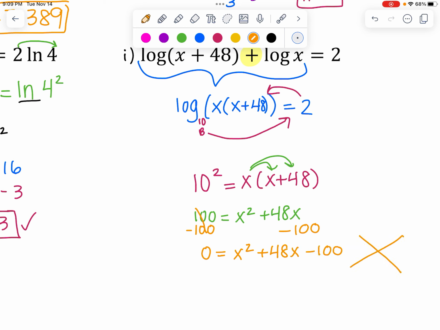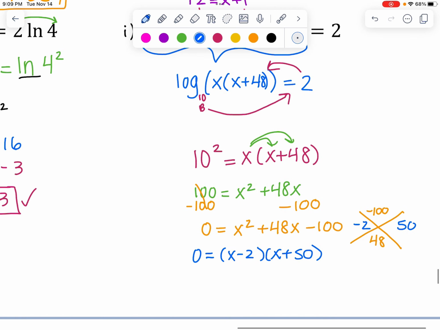And now I can set up big X. I need two numbers that would multiply to negative 100 but add to a positive 48. That could be 50 and negative 2. So 0 equals x minus 2 times x plus 50.